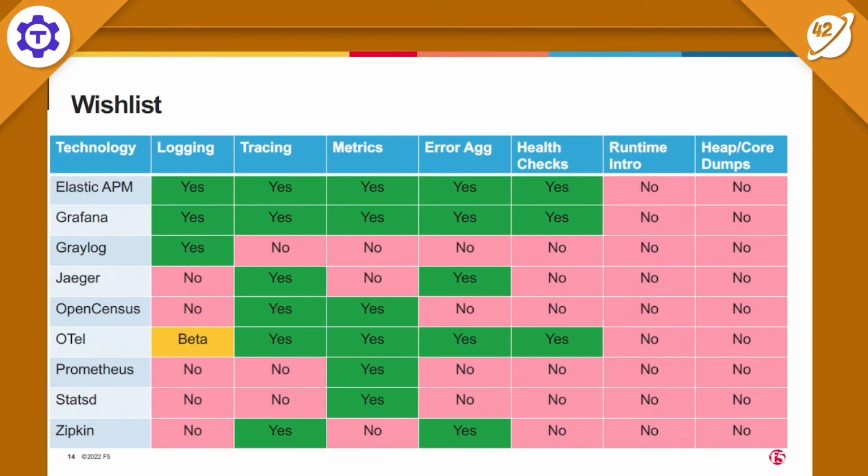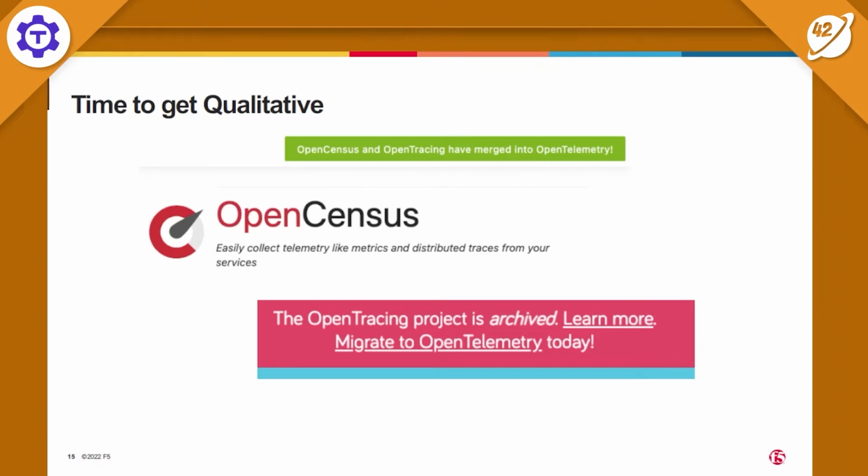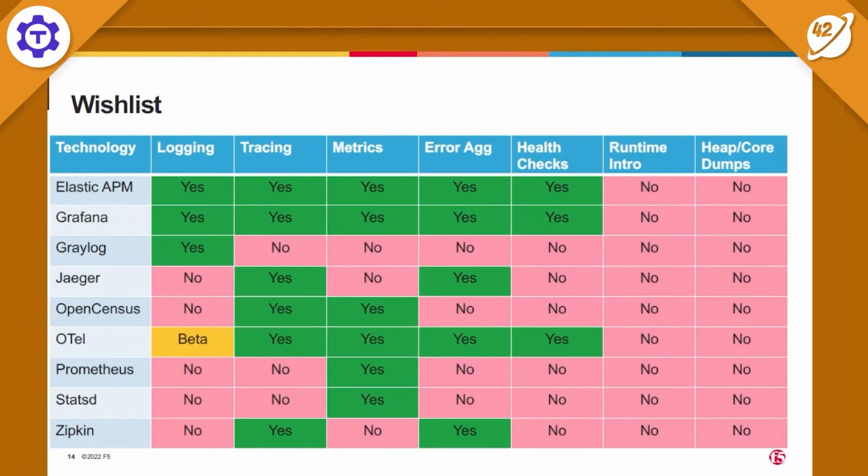Then we mapped across this and asked, does that offer this capability? What we quickly found is that this chart is very pretty and honestly kind of meaningless. You can't easily compare something like Zipkin to Elastic APM.